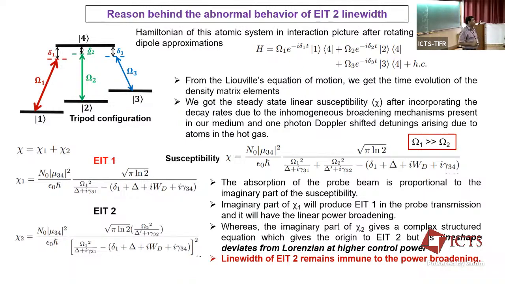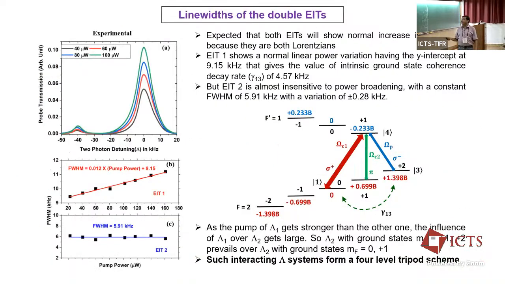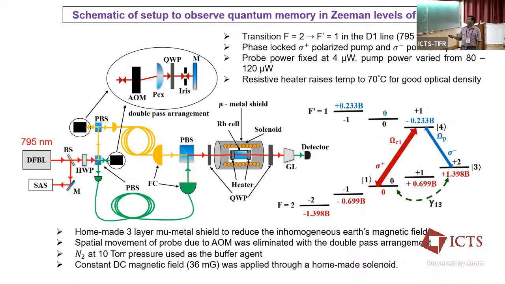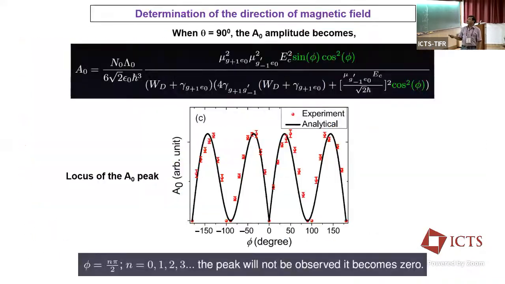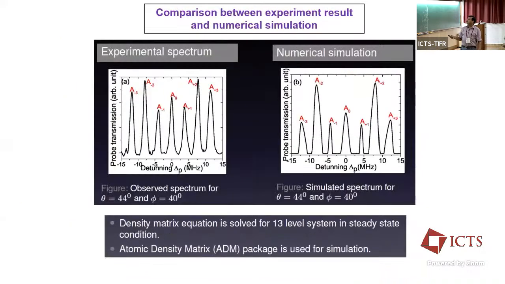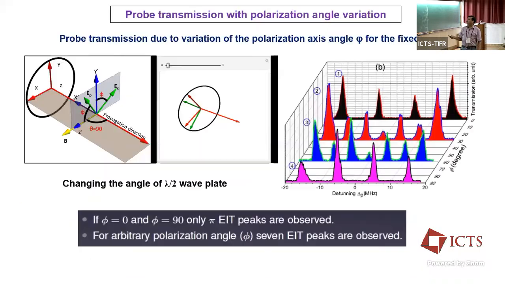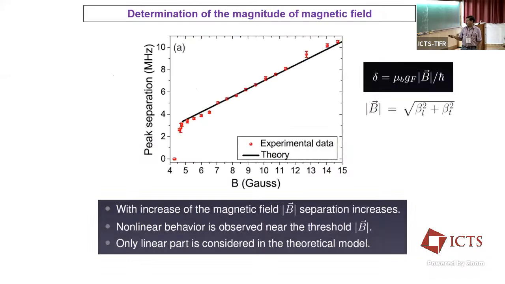I have one question from the first experiment, where you showed the EIT peaks for various values in the first part of the presentation. The next slide also you can show the EIT peaks. Yeah, this one.